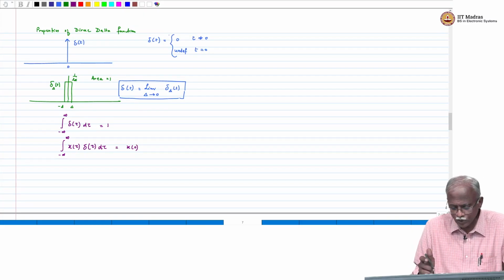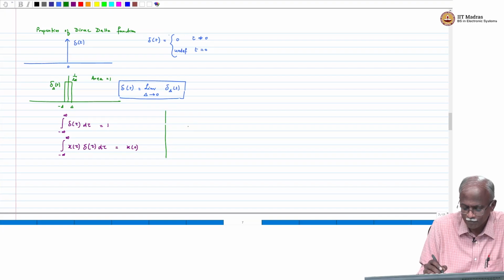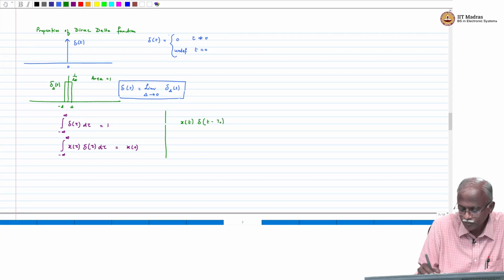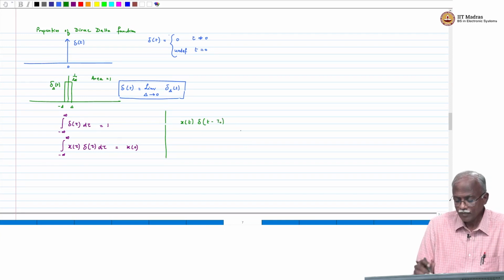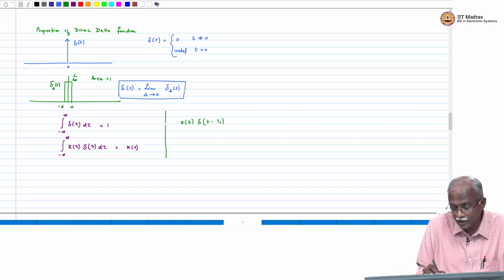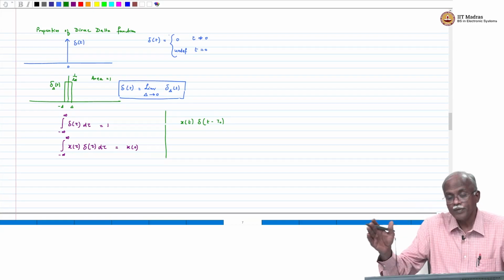Now, there are 2 more properties which I would like to highlight for you, which are useful for us and will serve as a reference. If I have a continuous time signal x(t) and I multiply it by delta of t minus t_0, what do I get? Remember, the delta function now is going to occur at t equal to t_0, and it is 0 everywhere else.